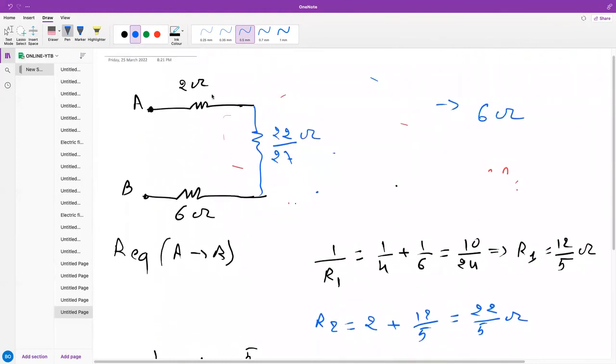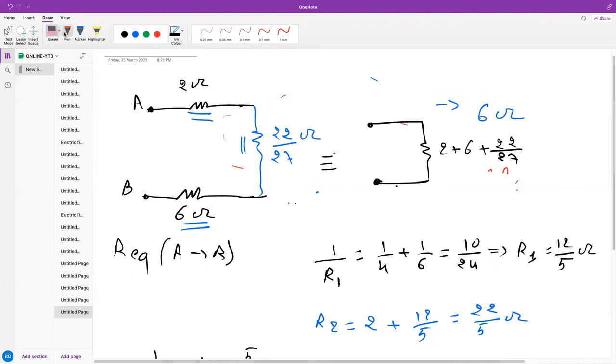And I can see that those three here are in series, which means I can sum them up, and the sum will be 2 plus 6 plus 22 over 27, and I can do the calculation.